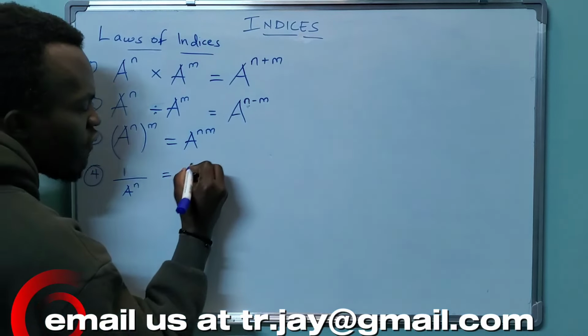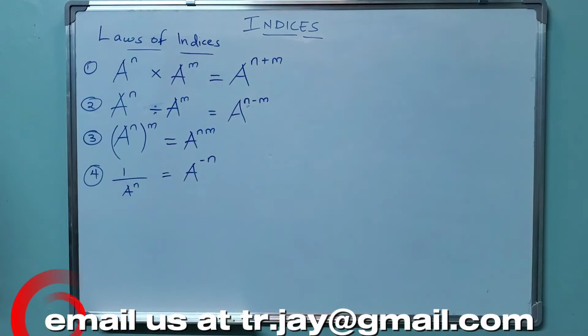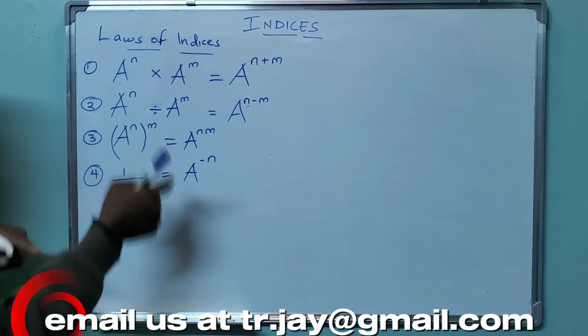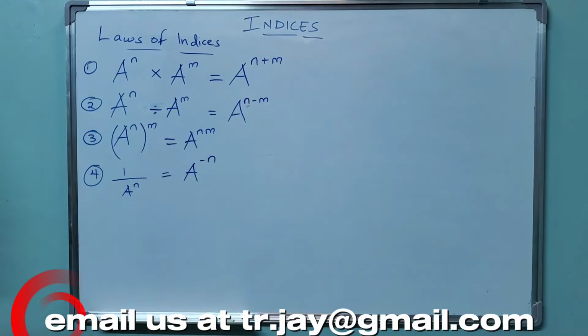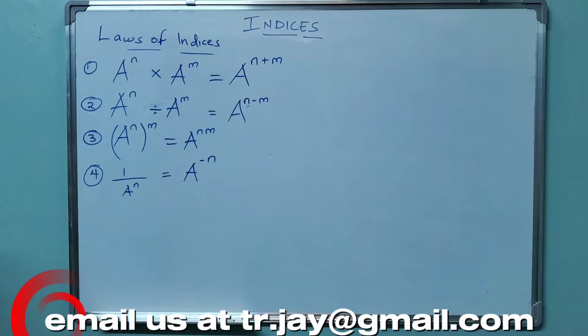So I'm going to have a raised to a negative power of n, because it's as if we are getting the inverse. So any number raised to a negative power means that possibly that number is an inverse.